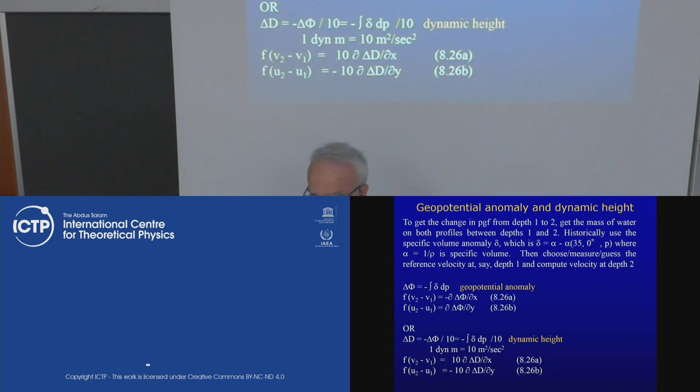So if you want, just tell me and prepare this exercise as a 10-minute presentation. You explain to all of us what the dynamic geopotential anomaly and dynamic height calculations are, and then you present this, and this will be your exam. I promise I won't ask you anything else. Okay?